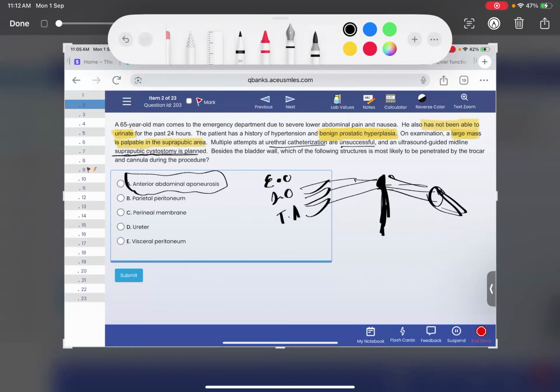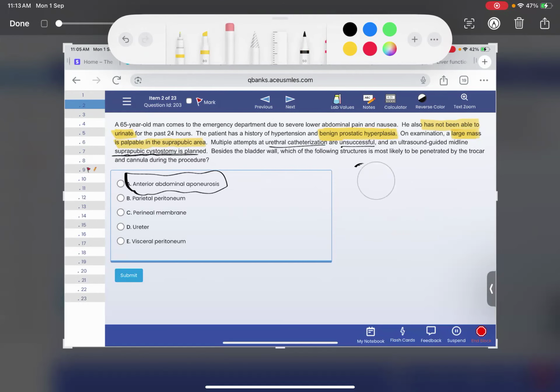So this is the aponeurosis, and we are going midline, going inferiorly. Getting this point, right? So it is the anterior abdominal aponeurosis. Any question?